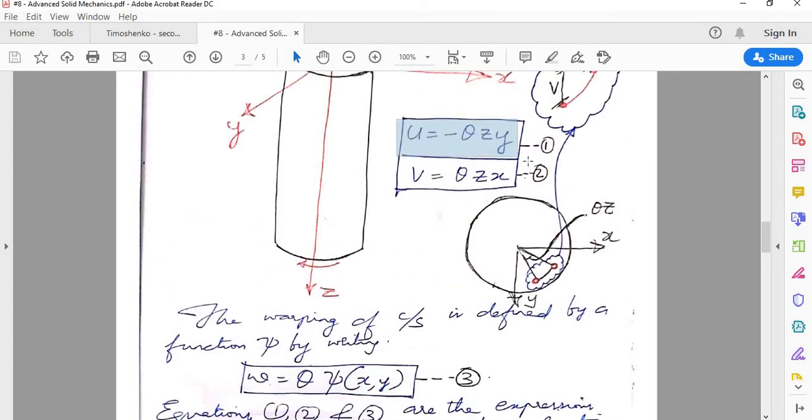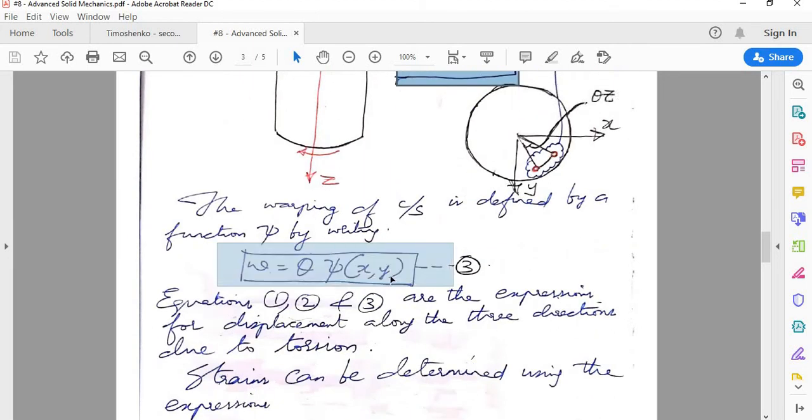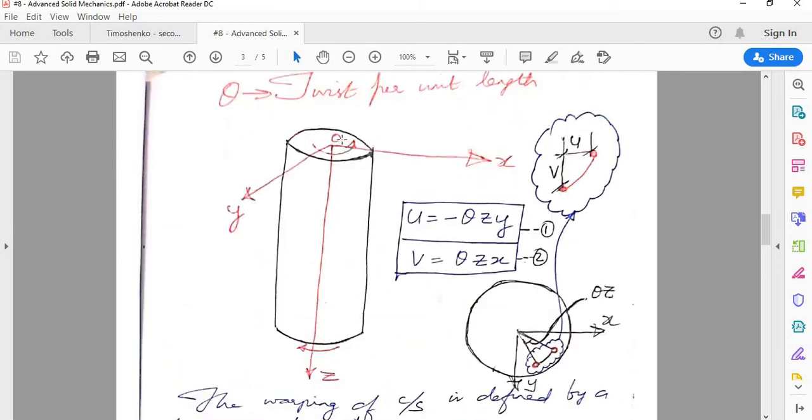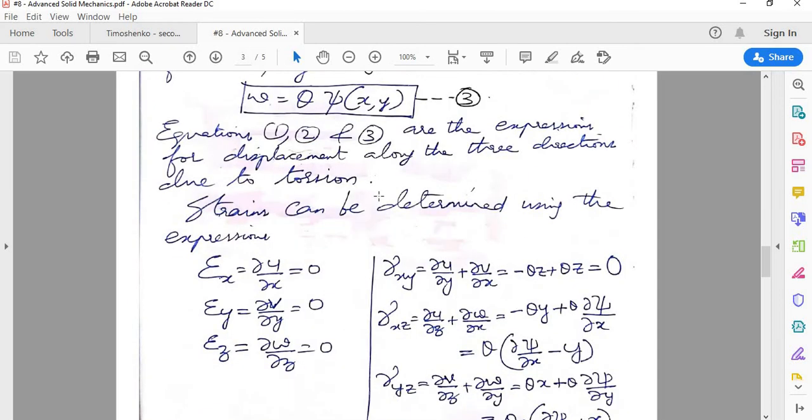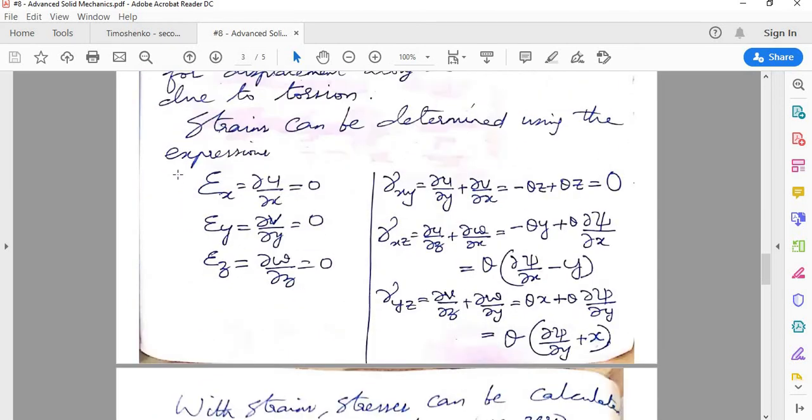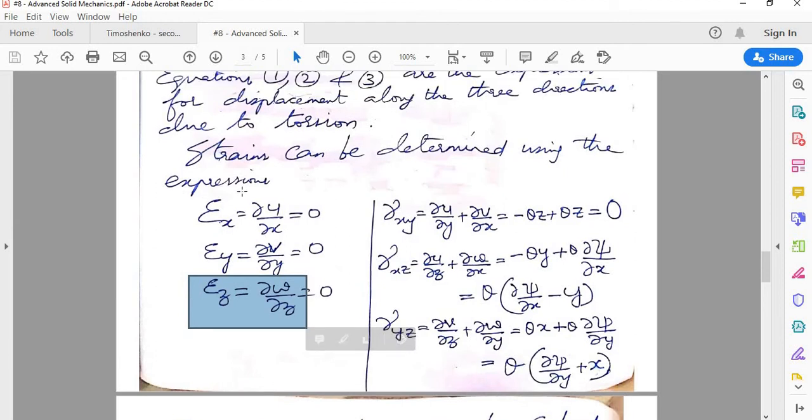So you have a displacement along the x direction, along the y direction, and along the z direction. Using the displacements, you can find out the strains using the fundamental formulas which I discussed in the earlier lectures of this course. Epsilon x is dou u by dou x, epsilon y is dou v by dou y, epsilon z is dou w by dou z, and gamma xy is this, gamma xz is this, gamma yz is this, right?